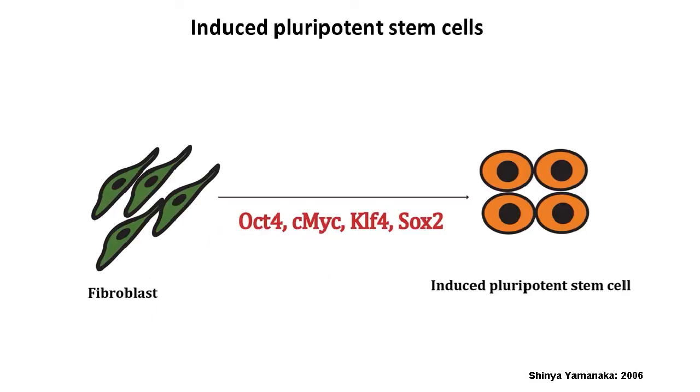We are also very well aware that pluripotent stem cells can be reprogrammed from somatic cells, and Shinya Yamanaka has elegantly shown that just by induction of four transcription factors, OCT4, CMYC, KLF4, and SOX2, a somatic cell can be reprogrammed to a pluripotent stem cell, which is called an induced pluripotent stem cell.